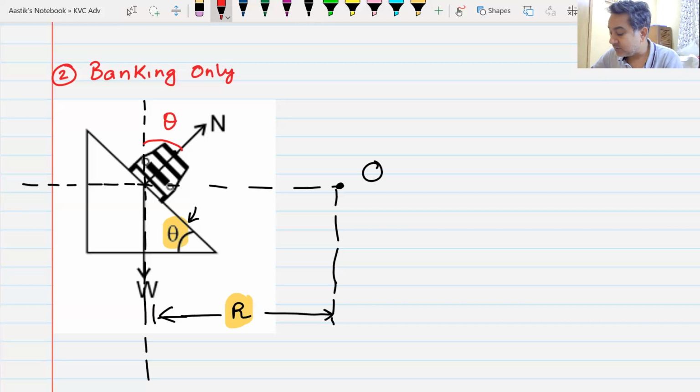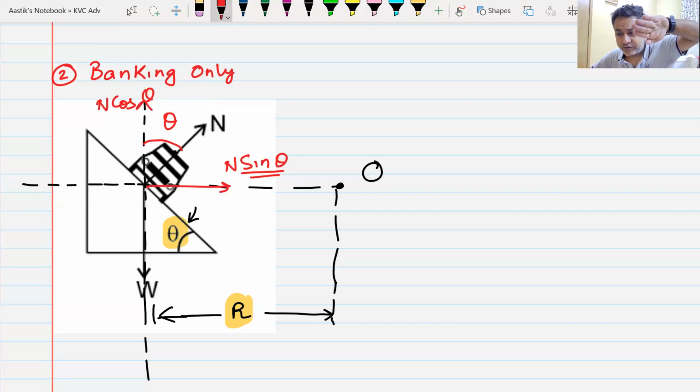Okay. So this is the normal reaction. I resolve it into two components. This component will be N cos theta. This component would be N sin theta. By banking the road, what we have done is we have given a component of normal to give it the required centripetal force.